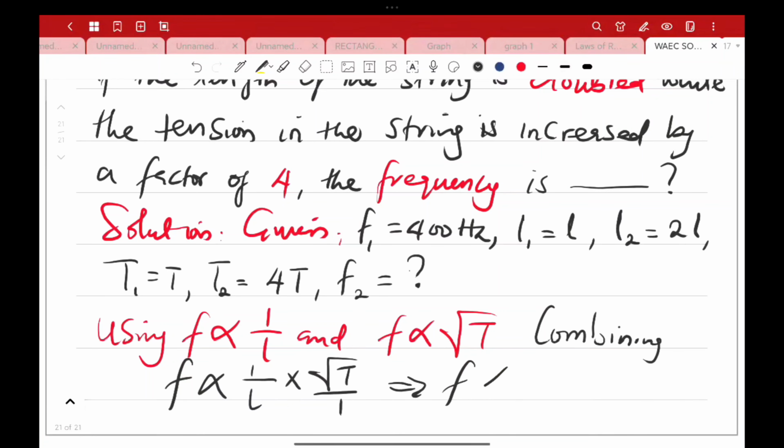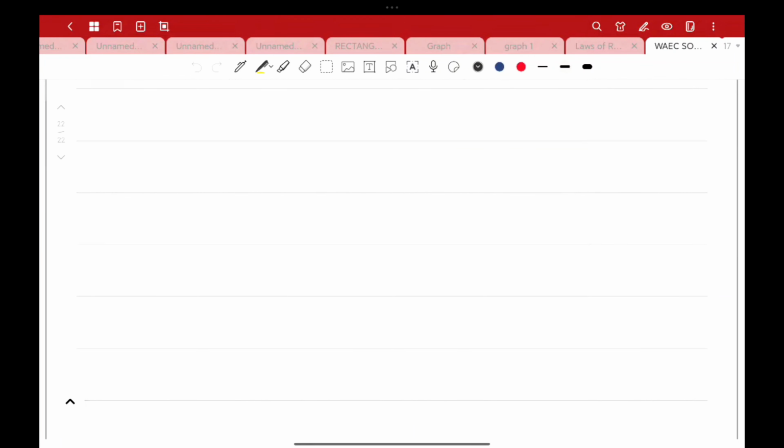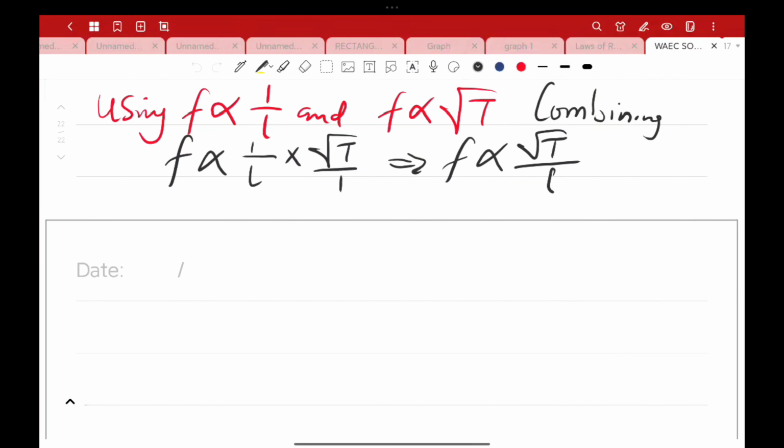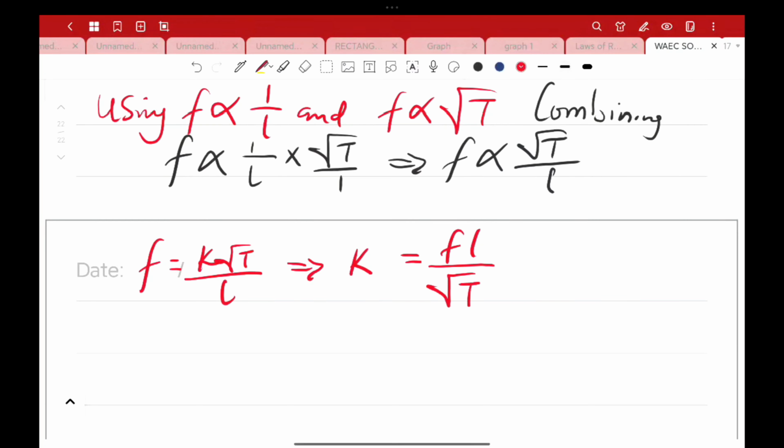Combining this further, F is directly proportional to the square root of tension and inversely proportional to length. So, bring in our constant now so that we can make the constant the subject of the formula. F is equal to K square root of tension over length. Making K the subject of the formula, K is equal to FL, all divided by the square root of tension. So this is a formula that will suit our triune components given in this question.